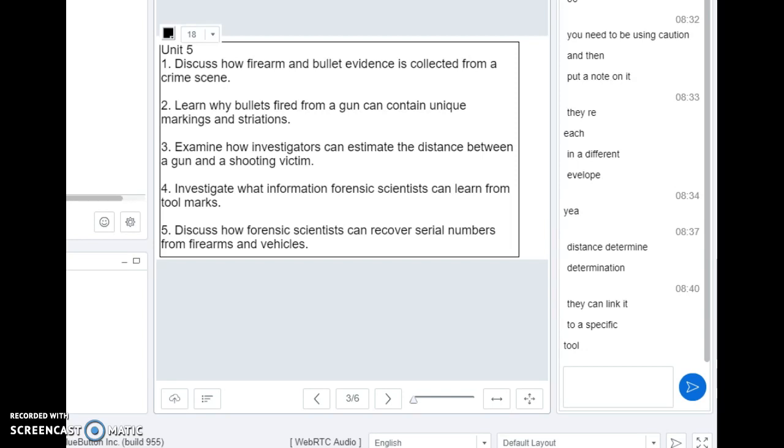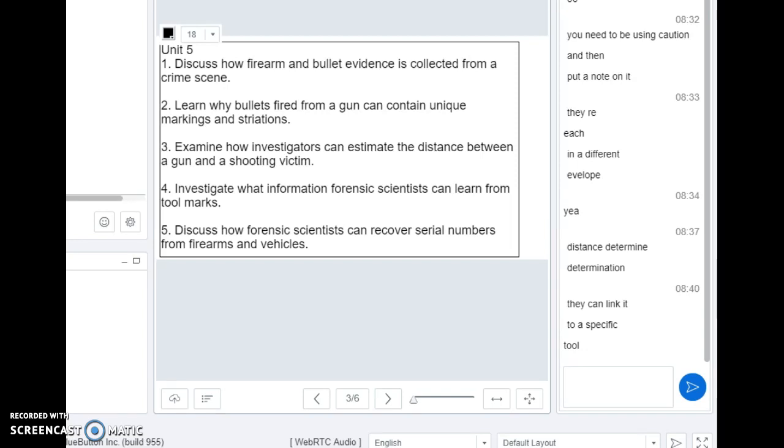And if the steel plate was adhered to the gun or the vehicle and then the numbers etched onto the gun, if the plate was removed, sometimes they can go to where the serial number should have been and try to determine the serial number as it may have gone through that plate onto the material beneath it. So we're looking for those etchings.